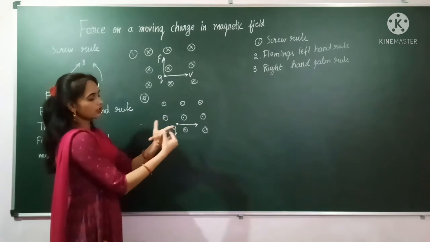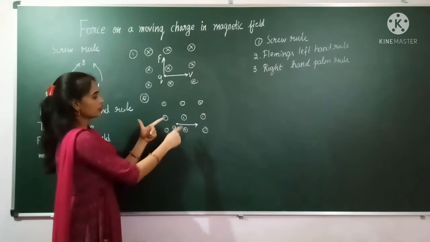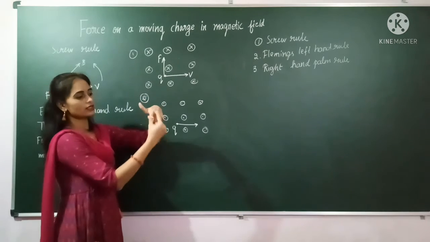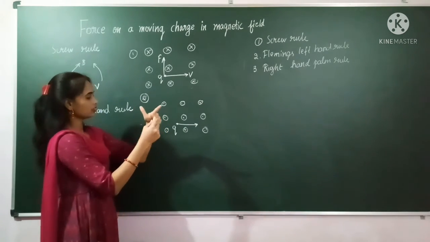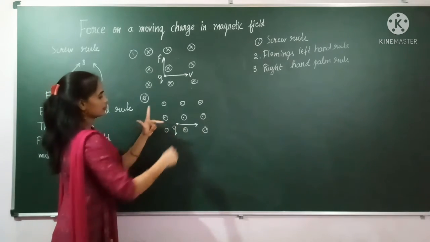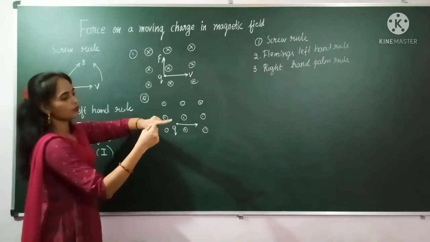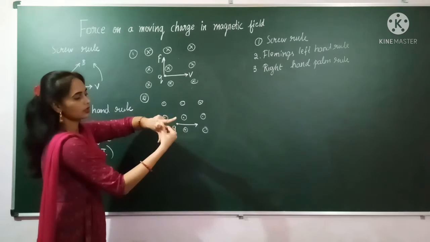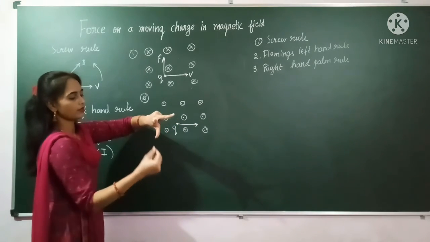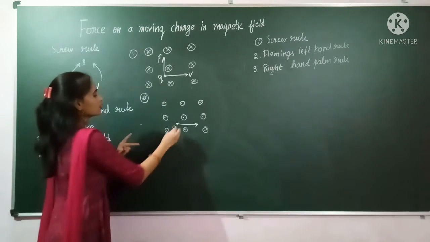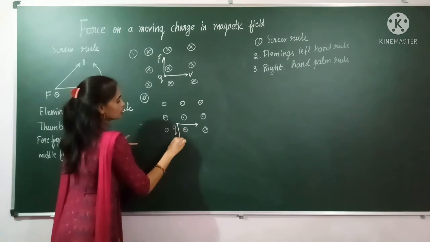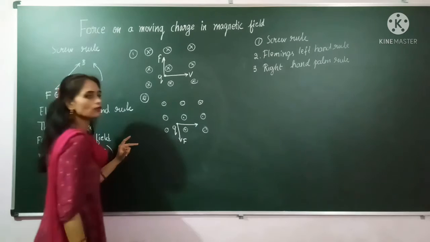First you have to see the direction of the magnetic field. The magnetic field is outward, so this finger will be taken in the outward direction, and the charge is moving like this. Direction of charge, direction of magnetic field. Where is the thumb pointing? The thumb is pointing downward, meaning force is acting downward. So this is the direction of the force.